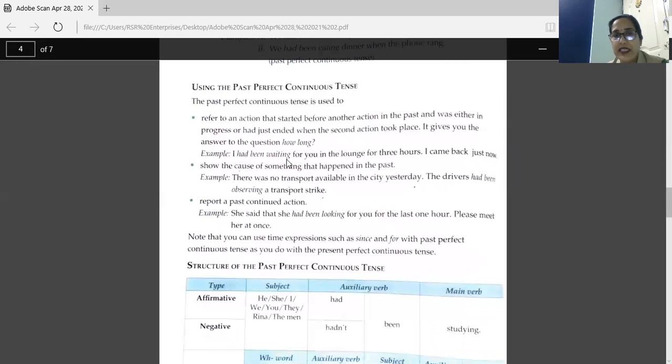I had been waiting for you in the lounge for 3 hours. I came back just now. So that means this action was in continuation, which started before this action.